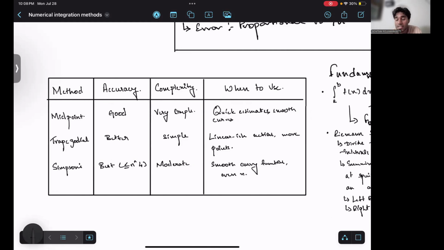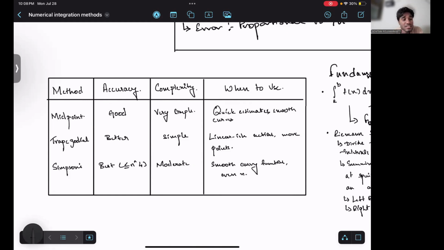And if you look at the trapezoidal rule, sometimes it might be worse than midpoint, but mostly it outperforms midpoint. The complexity is not as simple as midpoint, but it's simple. It works well for linearish functions, as we discussed, and more points, in the sense, more data points.